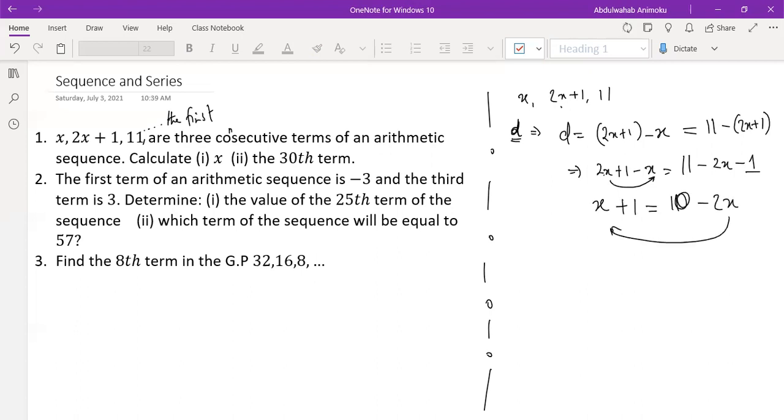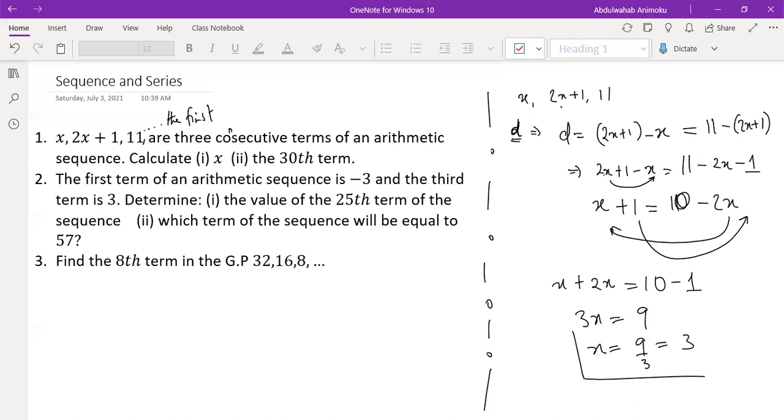So we take this to this side and we take 1 to this side. That will give us x plus 2x equal to 10 minus 1. So this gives us 3x equal to 9, which means x is 9 over 3, which is 3. So we get our x as 3.